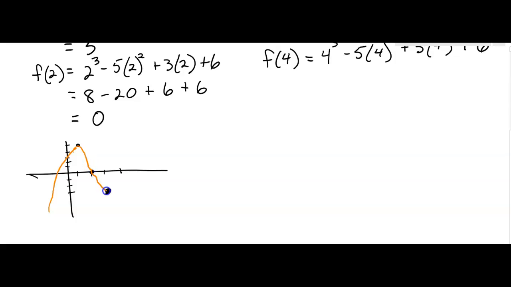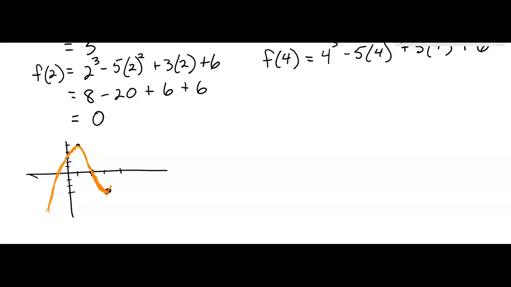We know it's going to go on through, but we've only found 1 zero so far. So we don't really know that it's going back up yet, but we kind of suspect that. So far we have not proved that there's 2 zeros. We've only got 1 so far.